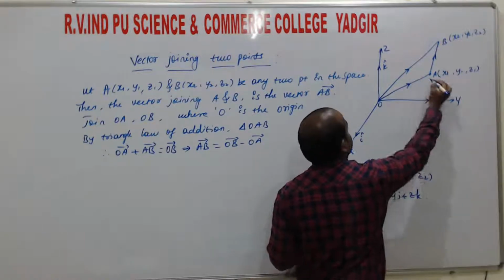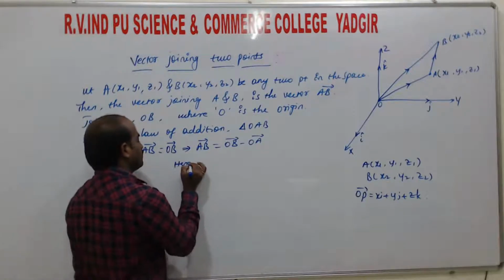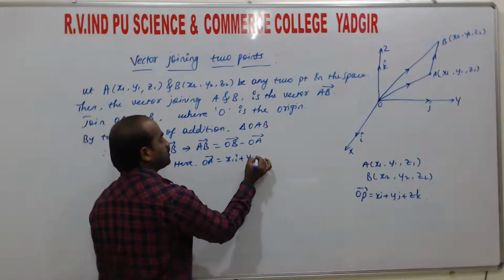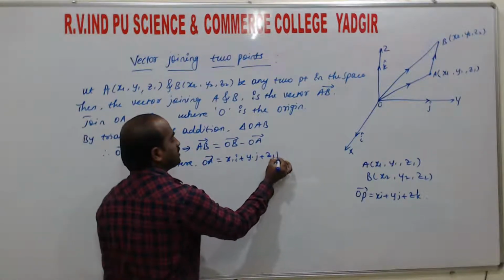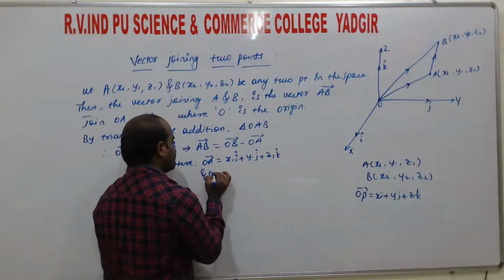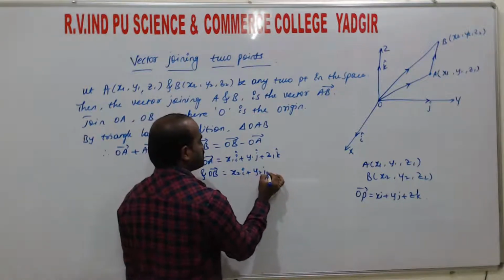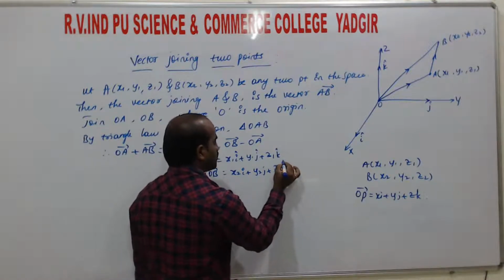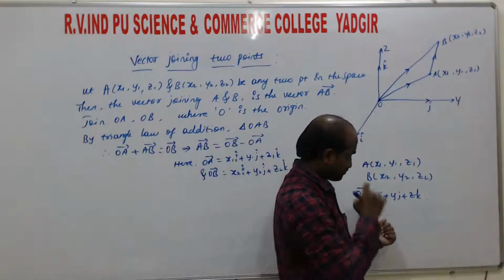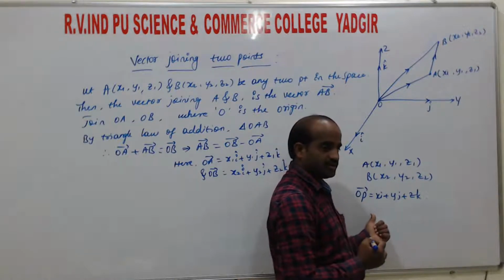Now OA vector is equal to x1i plus y1j plus z1k, and OB vector is equal to x2i plus y2j plus z2k.